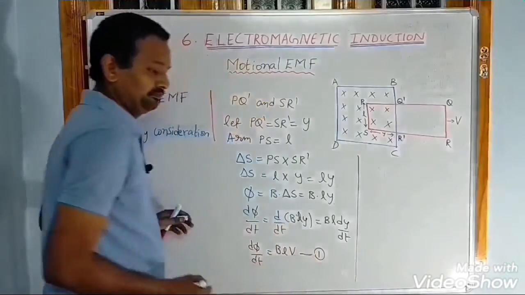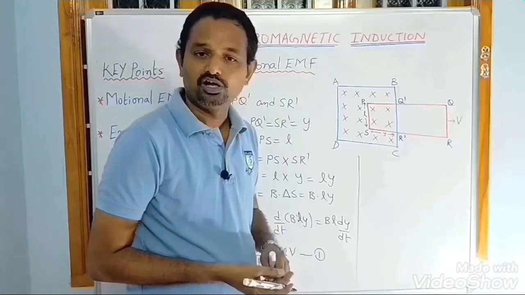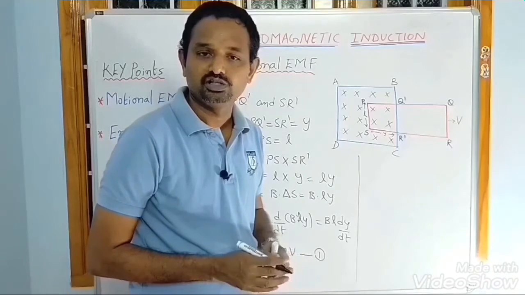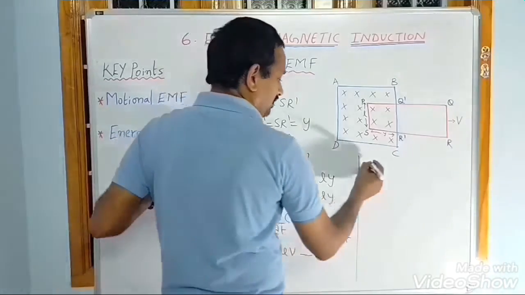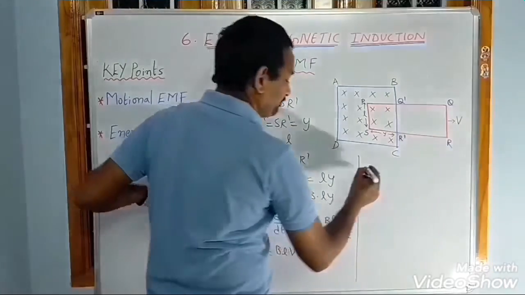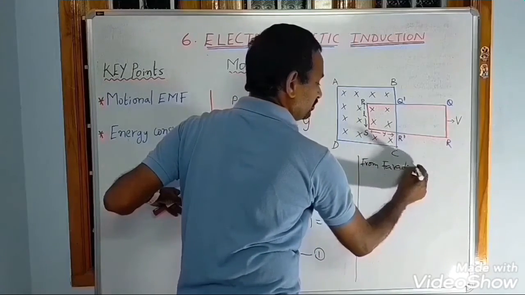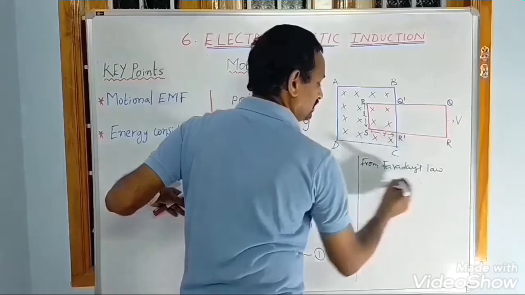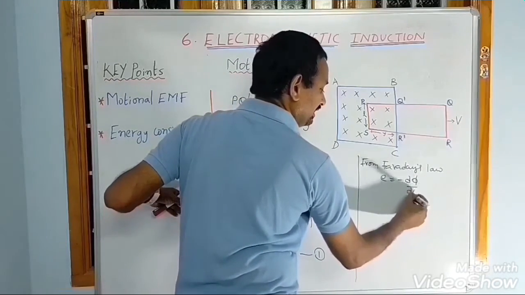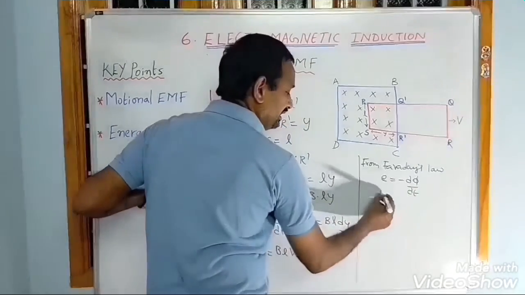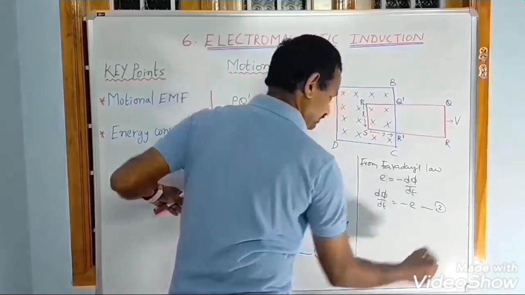But from Faraday's second law, otherwise from Lenz's law, the polarity of induced EMF opposes the rate of change in magnetic flux that produced it. So from Faraday's law I will write E equals minus d phi by dt. From that, d phi by dt equals minus E. This is equation 2.